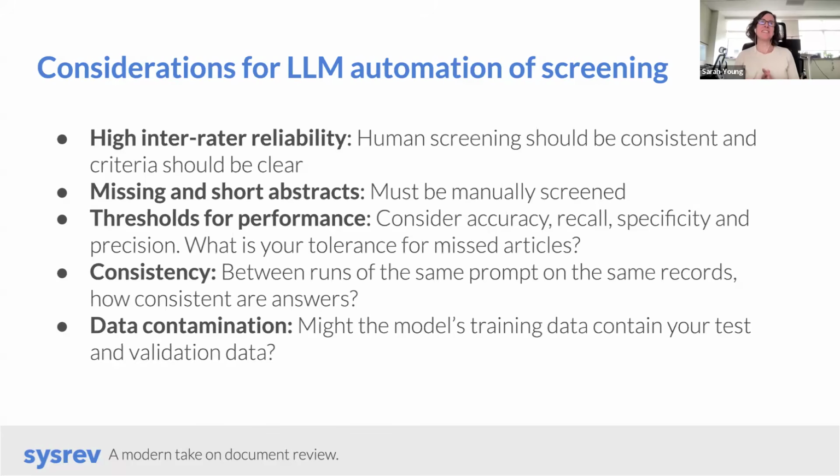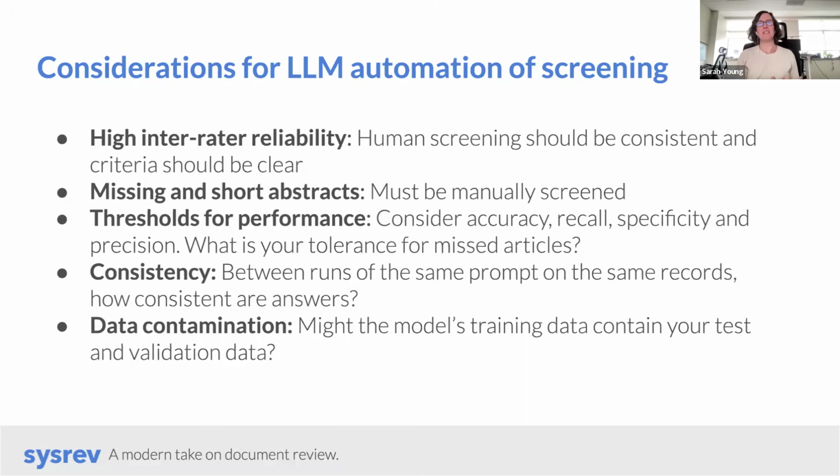Another thing to consider is data contamination. This is a scenario where the test and validation data that you're using to design your prompt may actually be contained in the model's training data. If we're using something like GPT-4o, which may have been trained most recently in maybe 2024, and you're using data from a systematic review that was published open access in 2023, it's quite possible the model already knows what the answer should be because that data is in the training data.